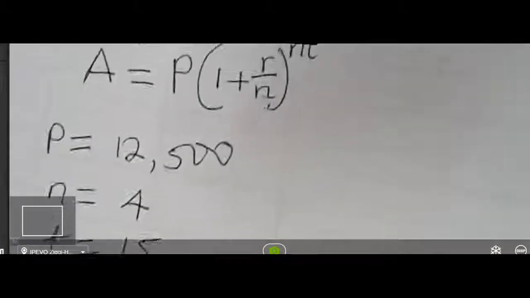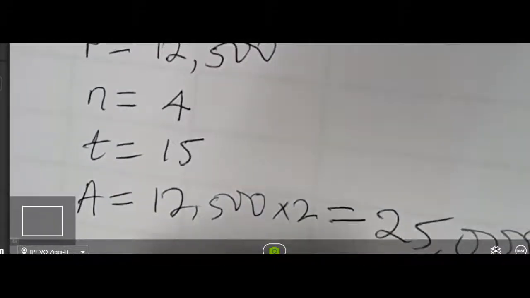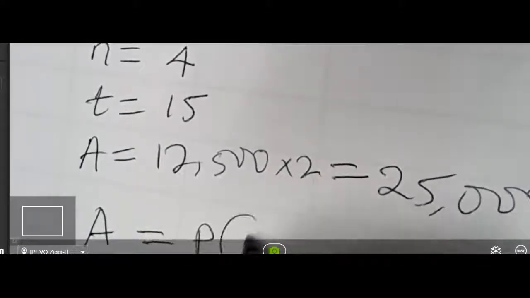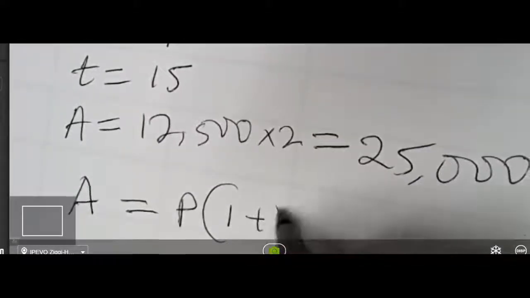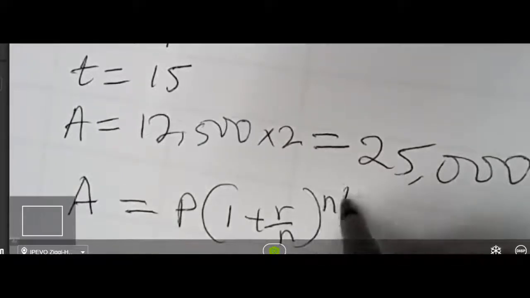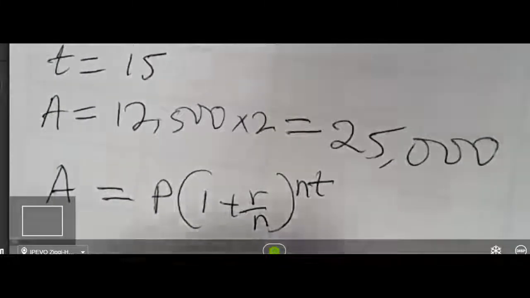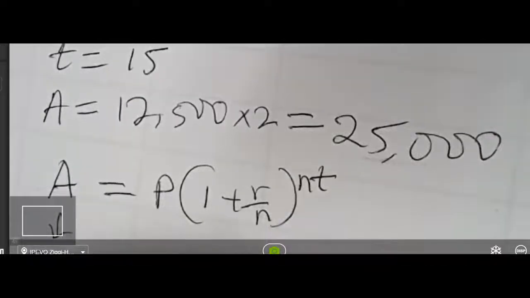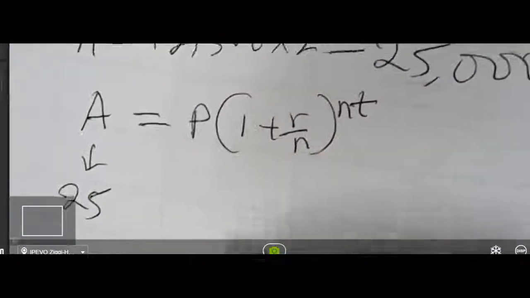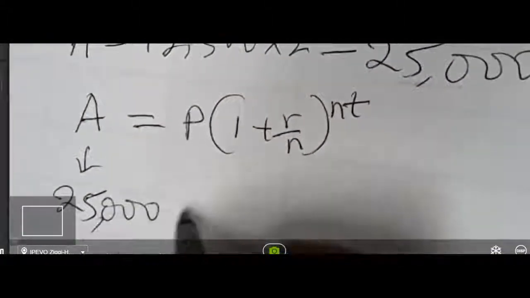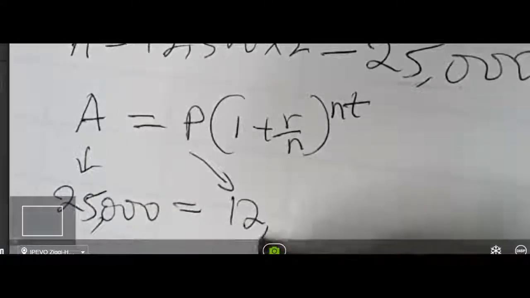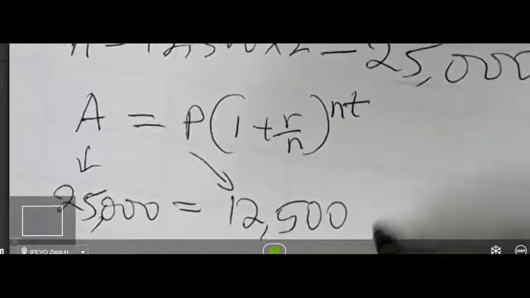So we have all we need. Then we plug things into our formula. Again, let me rewrite it down here: A equals P times 1 plus r over n, to the power nt. We have A, which we found, so that's 25,000. We have our P, which is 12,500.